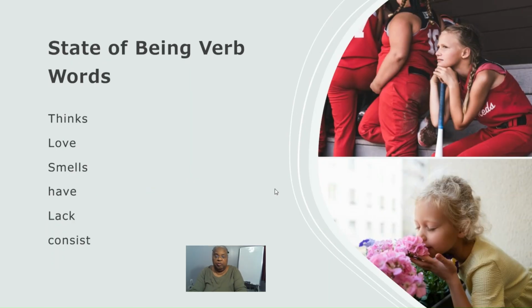Unlike action verbs, verbs that express a state of being give more information about the person, place, or thing. Words that express one's opinion and beliefs, emotions, the senses, possession, condition, or physical states or qualities are state of being verbs.